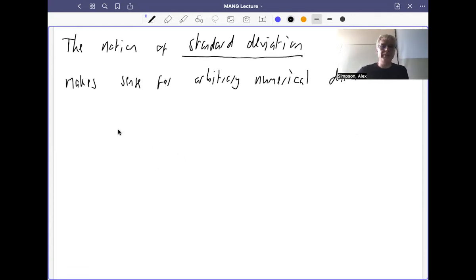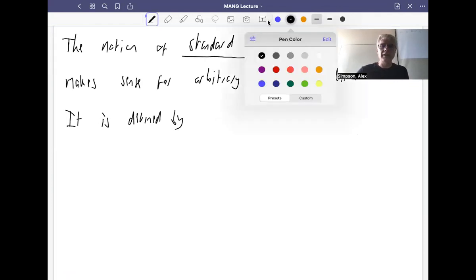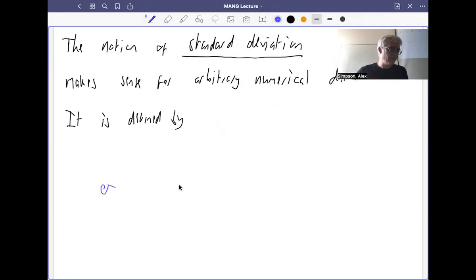And it's defined by a particular formula, which looks a bit mysterious when you first see it. So it's defined by the formula sigma. What you do is you take the average, over all the data values from 1 to n, of the square of the distance from the data value to the mean.